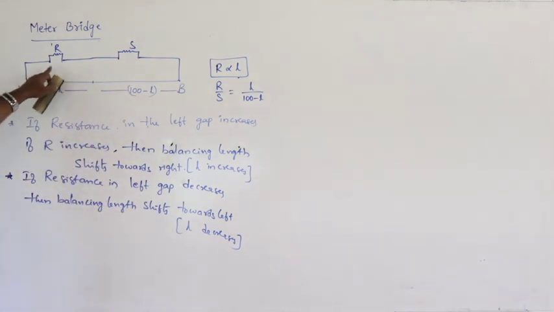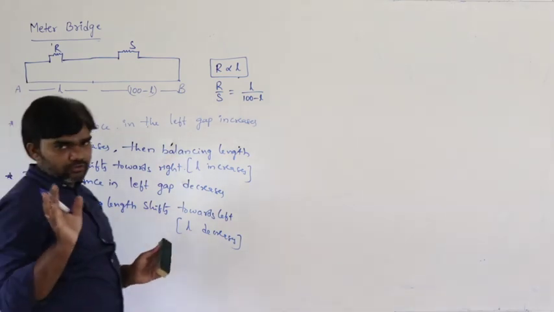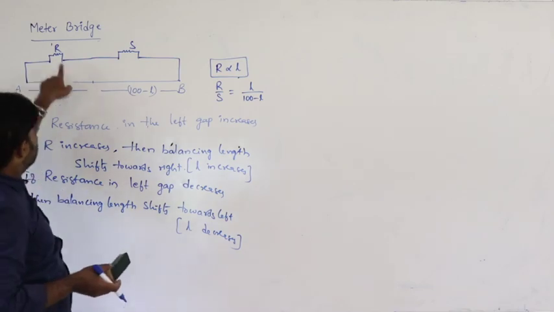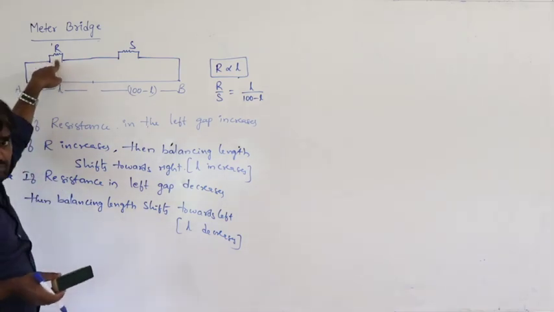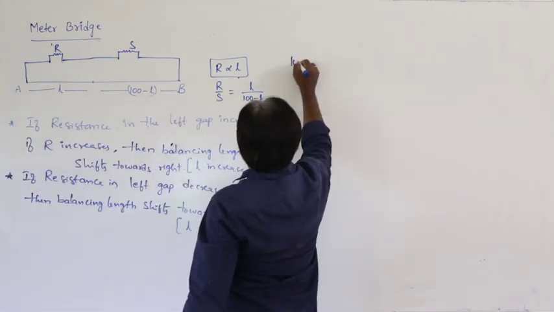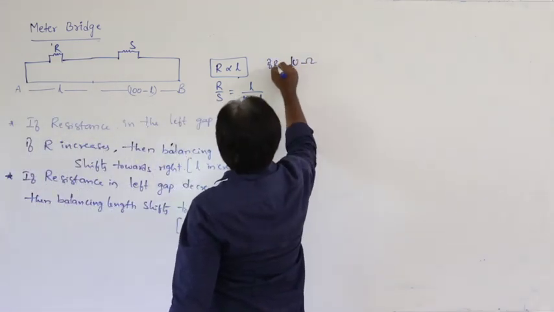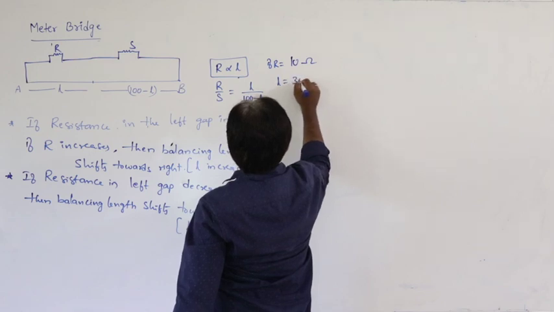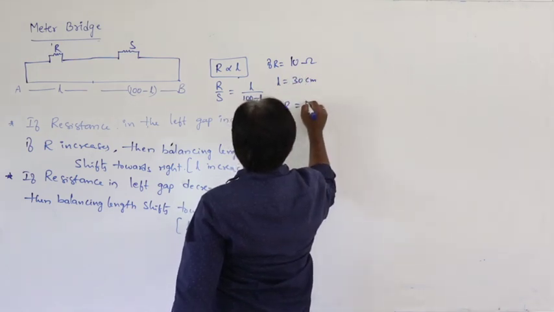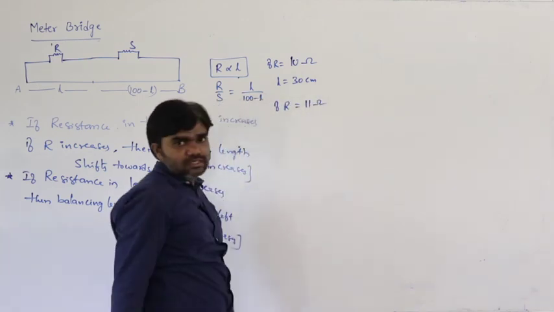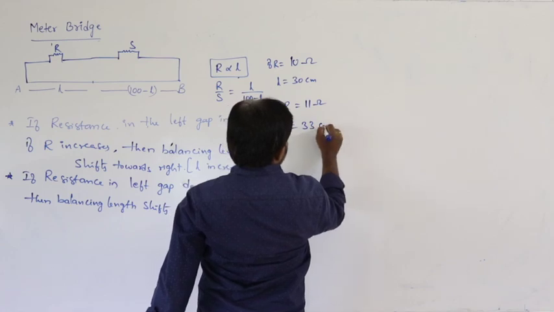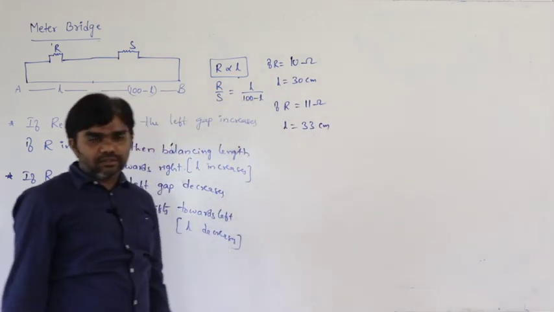So, for example, if R value is 10 ohms, let us say the balancing length is 30 centimeters. If R increases to 11 ohms, the balancing length becomes maybe 33.33, whatever it is.